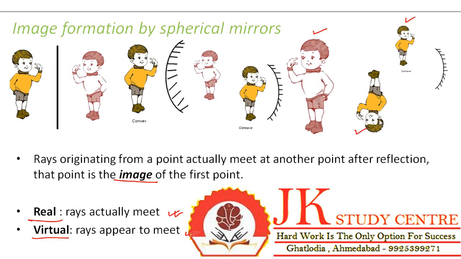So in a concave mirror, depending upon the position of the object, how far the object is located from the mirror, you get either a virtual image or a real image, right? So these are the two types of images that can be formed, and the concept is that the point at which the reflected rays meet is the point where the image will be formed.